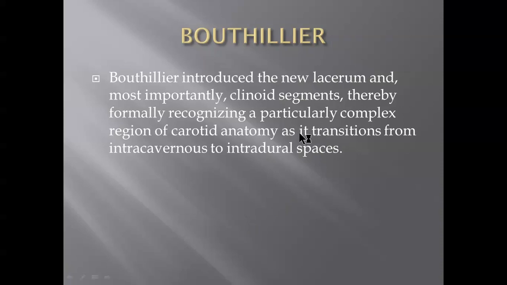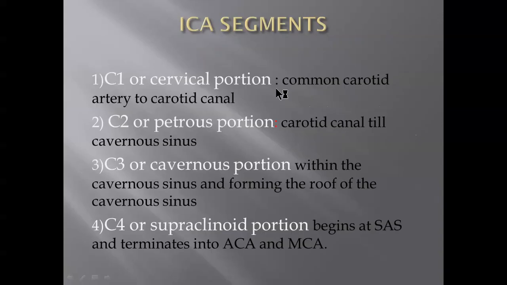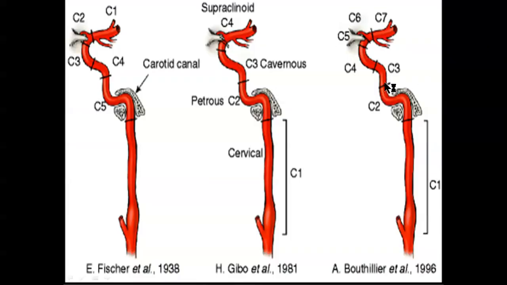Now, according to the Boutelier classification, Boutelier, as I already mentioned, introduced the LACERUM part, which was named as C3 in the Boutelier classification, as we already discussed, and he included the clinoid segment also here. So C3 part, LACERUM part was introduced, and C5 part was introduced.